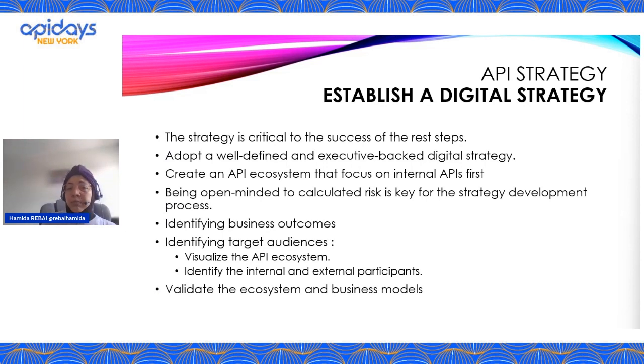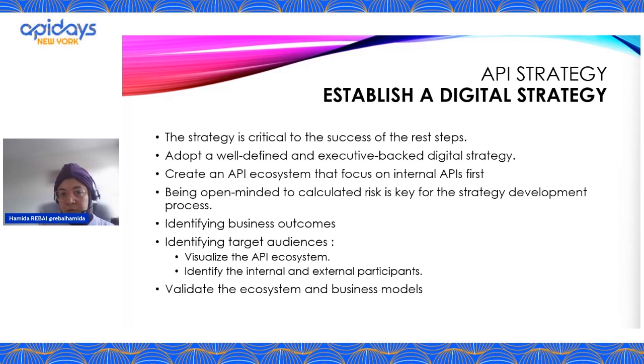So we start by identifying the business outcome, which means that stakeholders should plan their key organizational competencies and identify areas where they may run into problems to help direct the digital strategy and establish business outcomes. After that we identify the target audience.